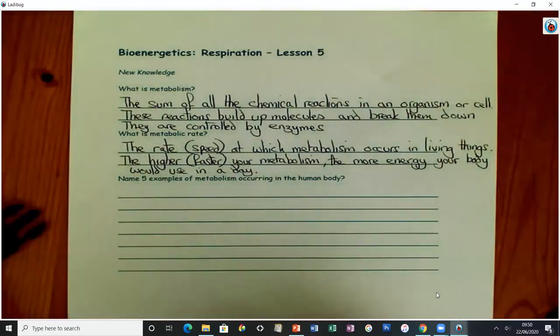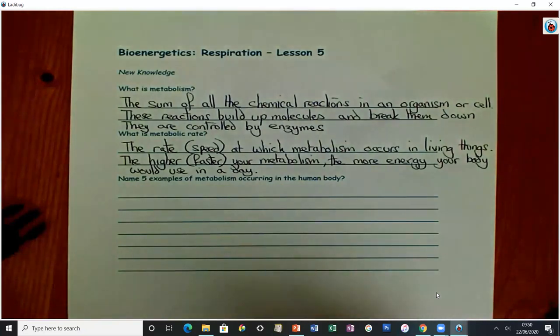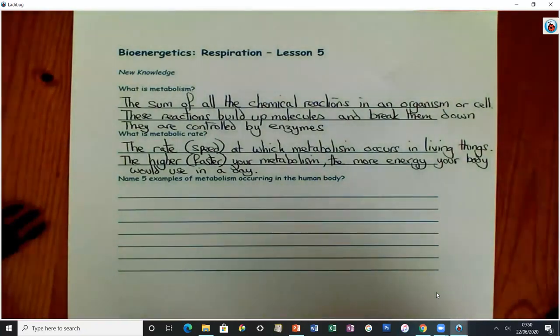Okay. Now there are a number of factors that affect a person's metabolic rate. It could be their genetics, what they've inherited, their ratio of muscle to fat, their body mass, their age, their gender, the amount of activity they do, so how much exercise they get up to, even down to environmental temperature.